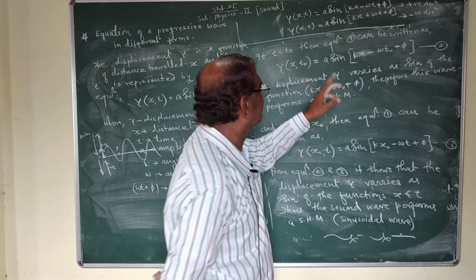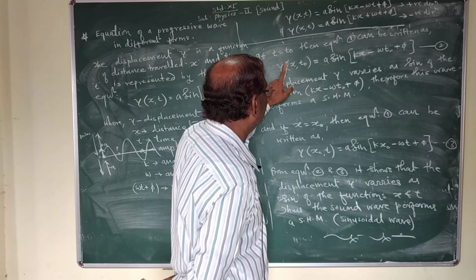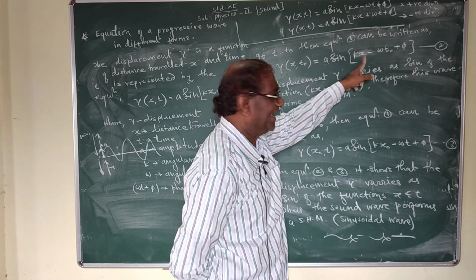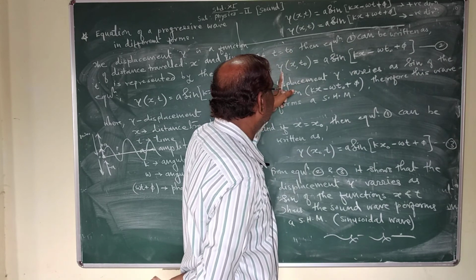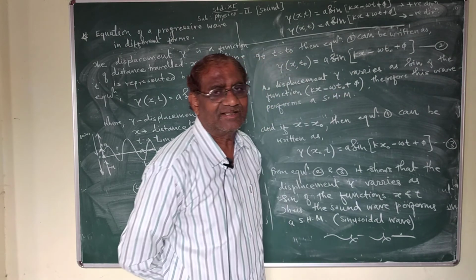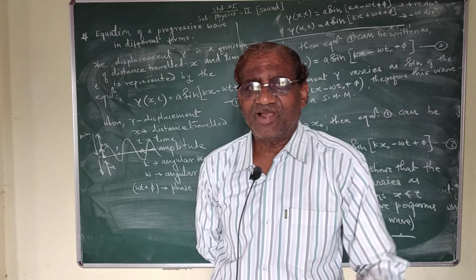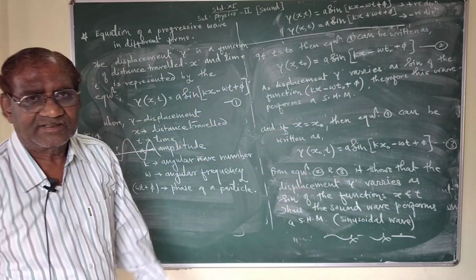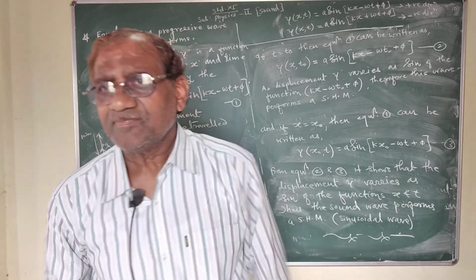And in this case, this quantity varies as sine of this function. Hence, this displacement of particle performs a simple harmonic motion. This is the equation. Now I stop here.